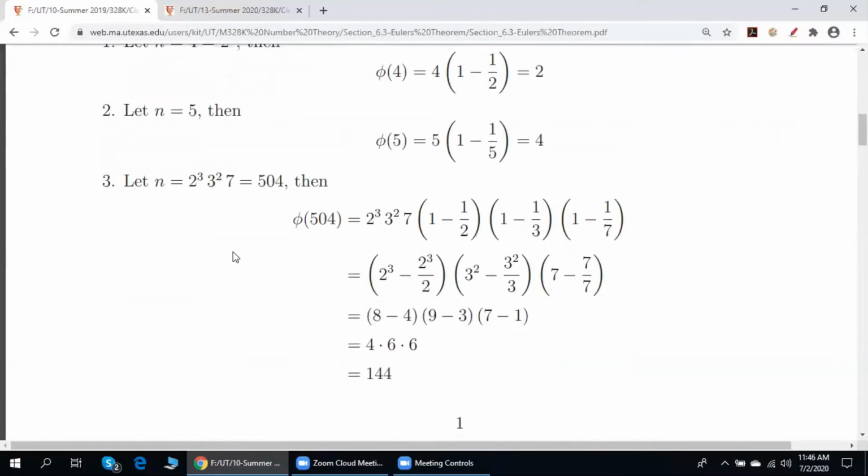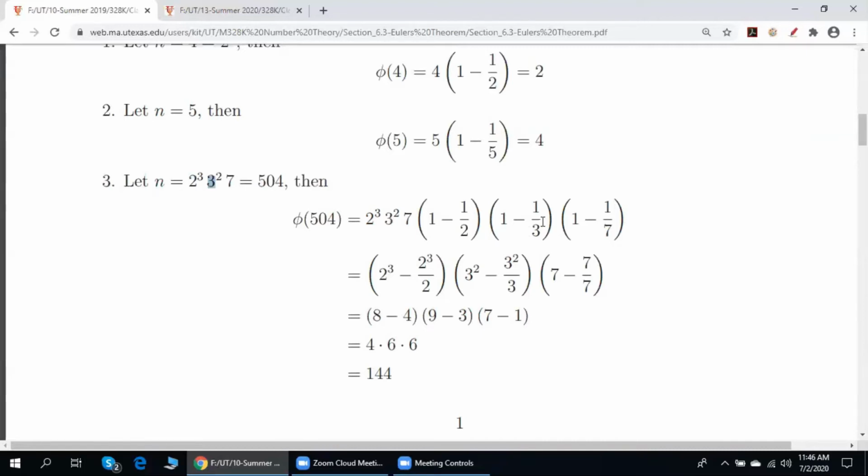Here's another example. N is equal to 2 cubed times 3 squared times 7. So this is n. We multiply n by the following: 1 minus 1 over p1. P1 is 2, times 1 minus 1 over p2.